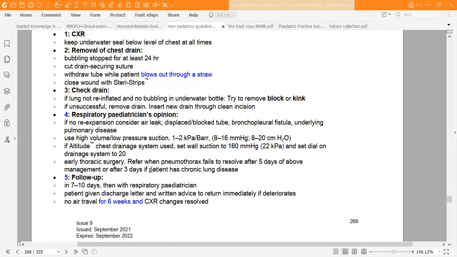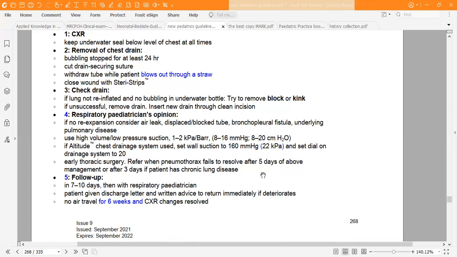Early thoracic surgery referral when pneumothorax fails to resolve after 5 days. So when are you going to call the cardiothoracic surgeon? If there is no improvement or obvious resolution of the pneumothorax after 5 days, you will call the thoracic surgeon, or after 3 days if the patient has chronic lung disease.